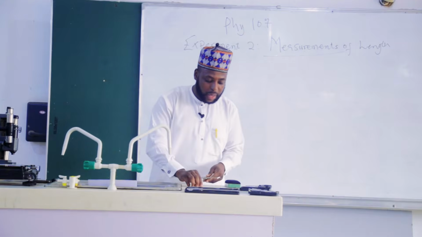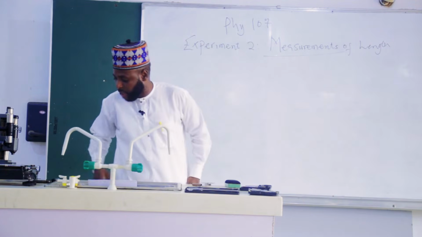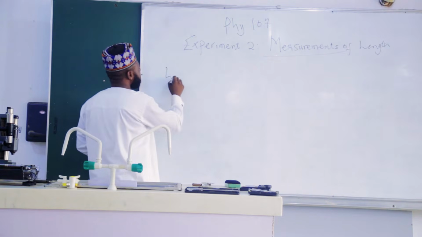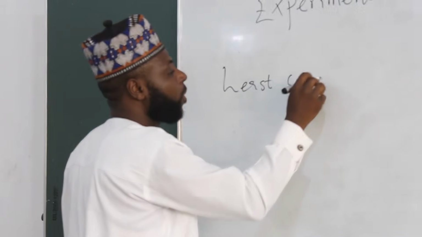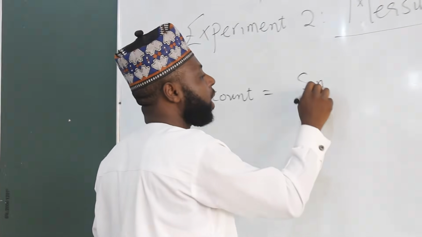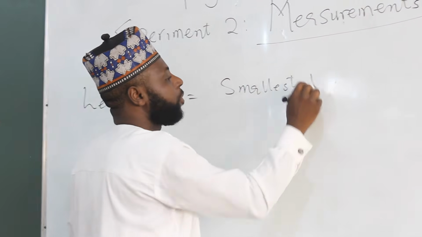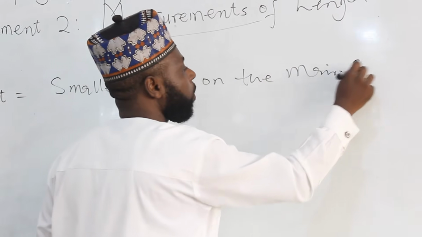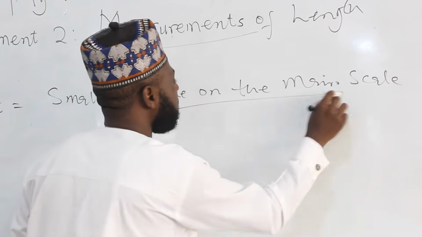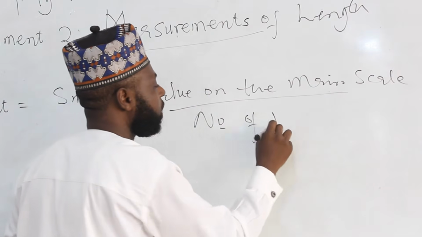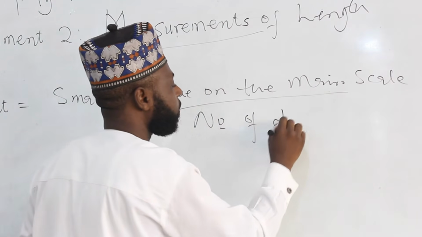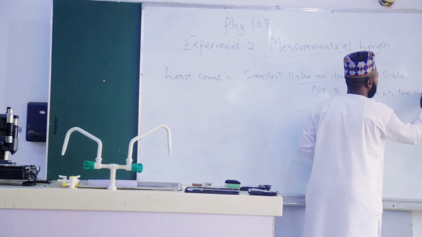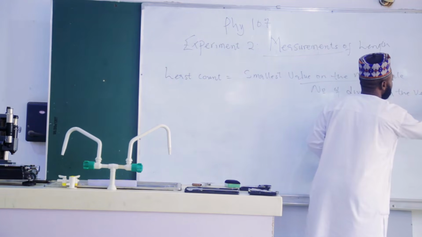Now, to calculate the vernier scale, the least count is given as the smallest value on the main scale divided by the number of divisions on the vernier scale.